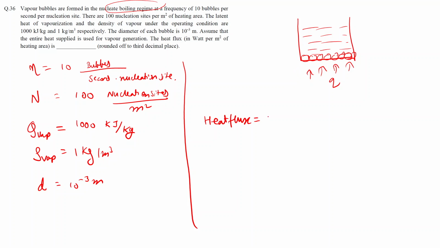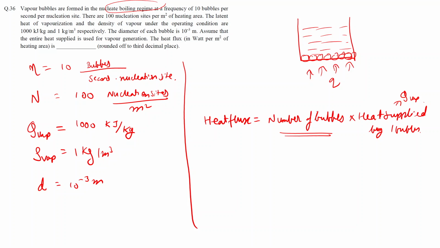So the total heat flux we can write as the number of bubbles into the heat provided by each of these bubbles, so that is heat supplied by, let's say, one bubble. This is Q vaporization. So ultimately we have to find the number of bubbles and then multiply it by Q vaporization, and we can get the total heat flux.